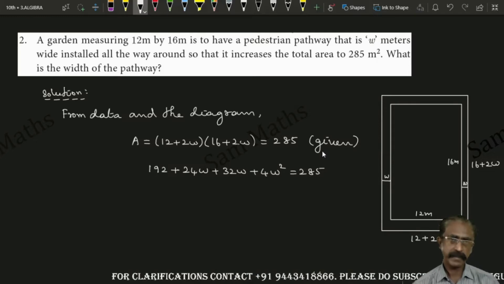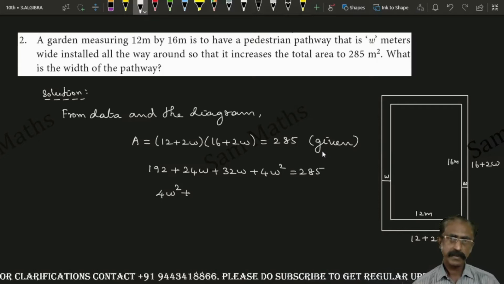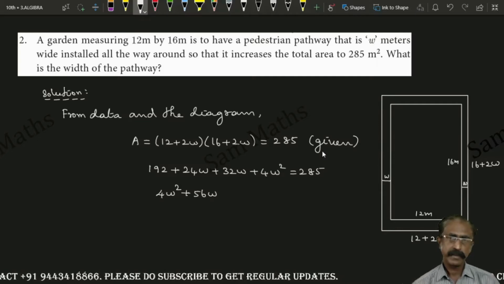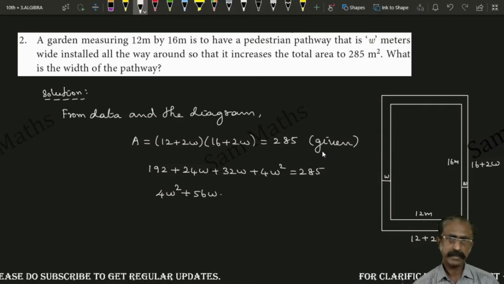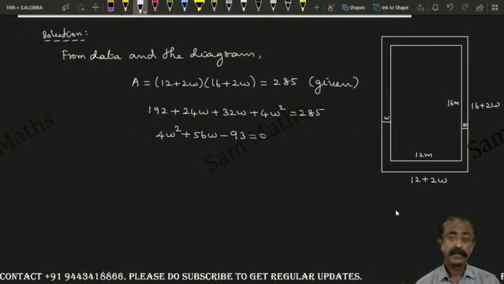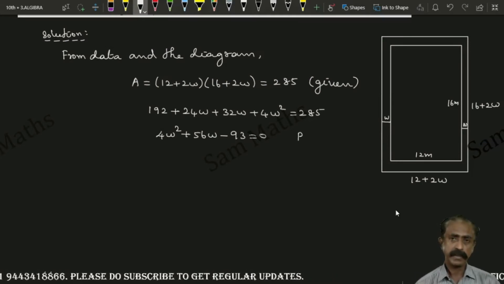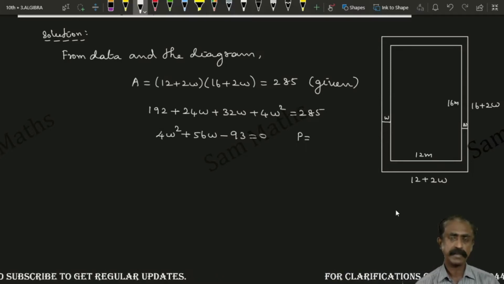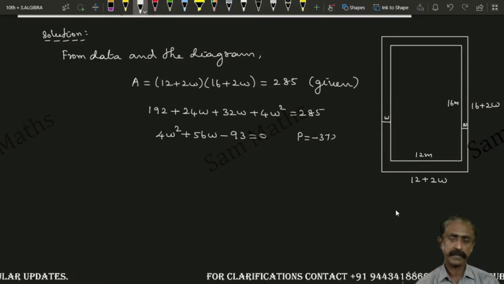Thus we can simplify 4W square plus 24 plus 32, that is 56W. 192 minus 285, that is minus 93 equal to 0. Here the product is 4 into minus 93. 4 90s are 360, then 4 3s are 12. It becomes minus 372. And sum is equal to plus 56.